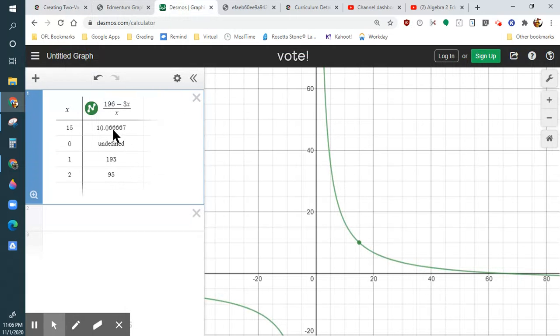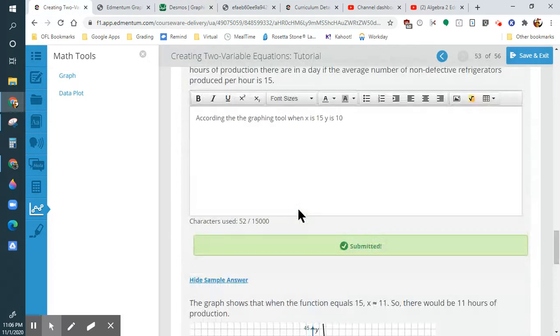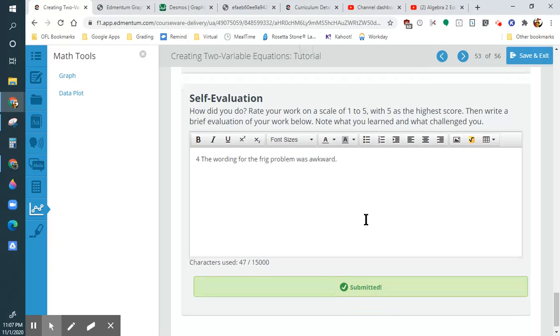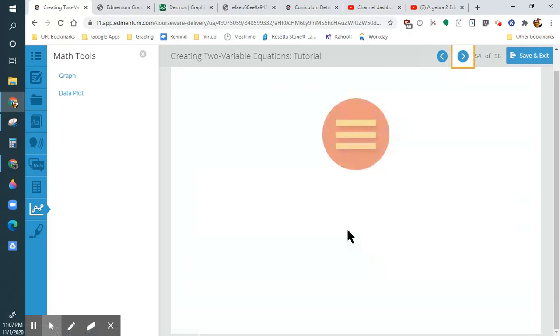Oh, because we can't have a fraction of a defective fridge. Give myself a 4 on that one. The wording was awkward. All right. I mean, we still got it right, but still kind of weird.